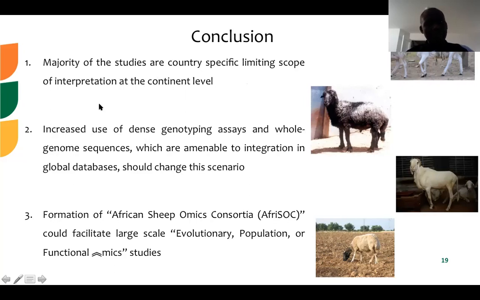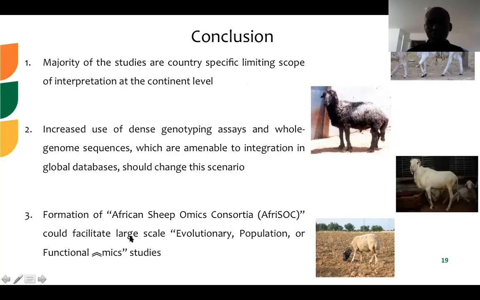In addition to that, we presume that the increased use of dense genotyping assays, for example, the genotype data being generated from the 50K SNP chips or whole genome sequence data, will most likely change this scenario because these data sets are easily amenable to integration in global databases.